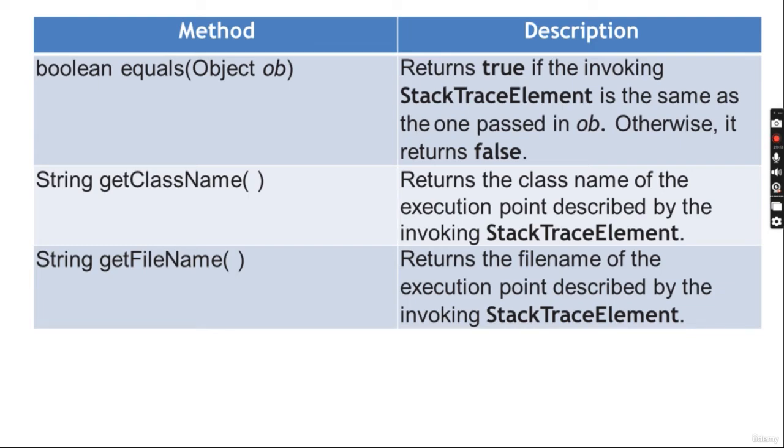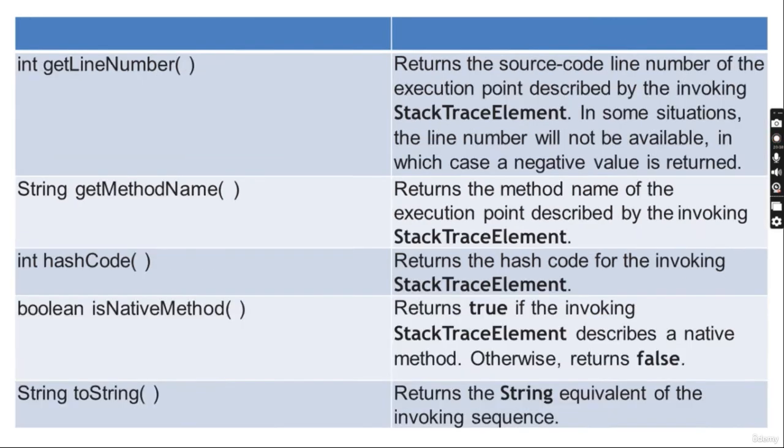Boolean equals returns true if the invoking StackTraceElement is the same as the one passed in the object, otherwise it returns false. Then getClassName returns the class name of the execution point described by the invoking StackTraceElement. String getFileName returns the file name of the execution point described by the invoking StackTraceElement. Then getLineNumber returns the source code line number of the execution point described by the invoking StackTraceElement.